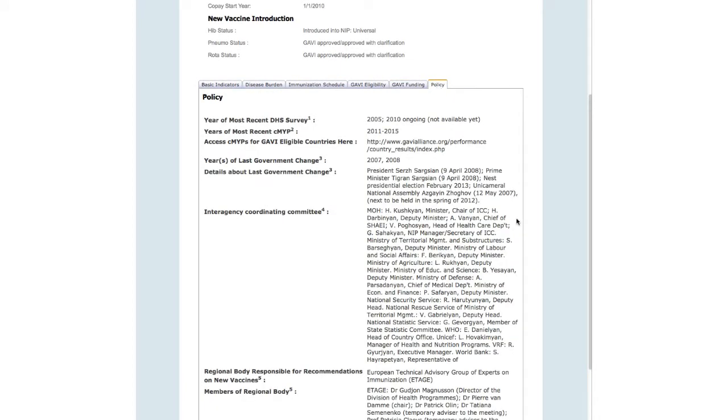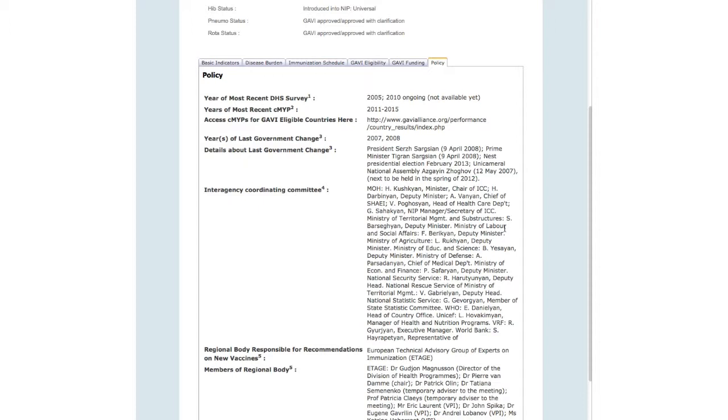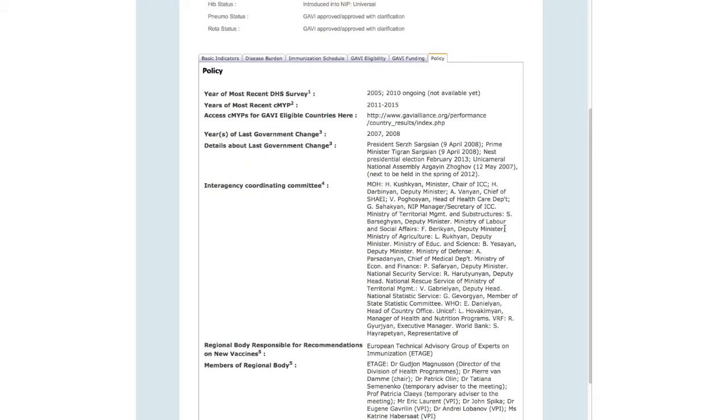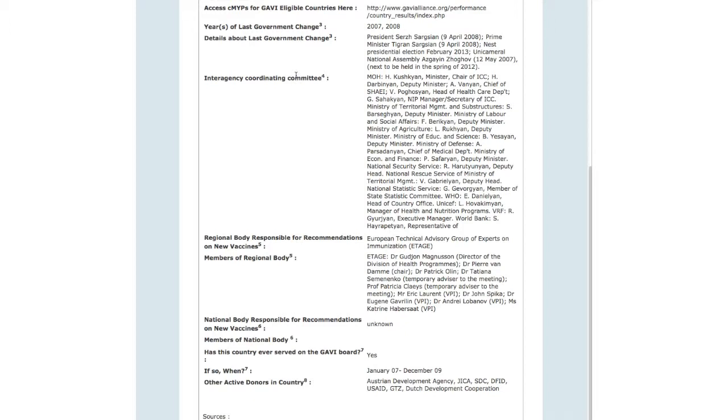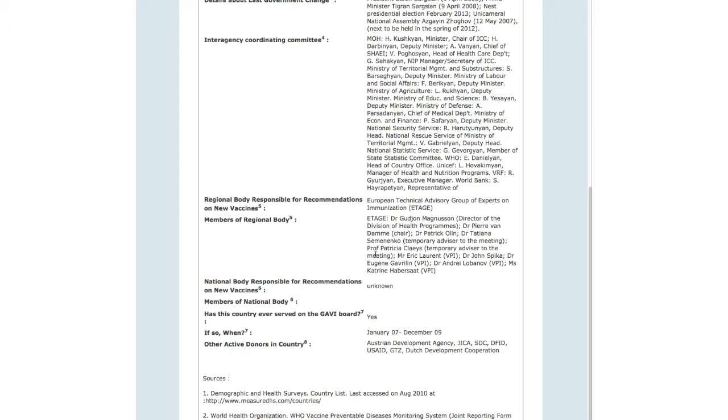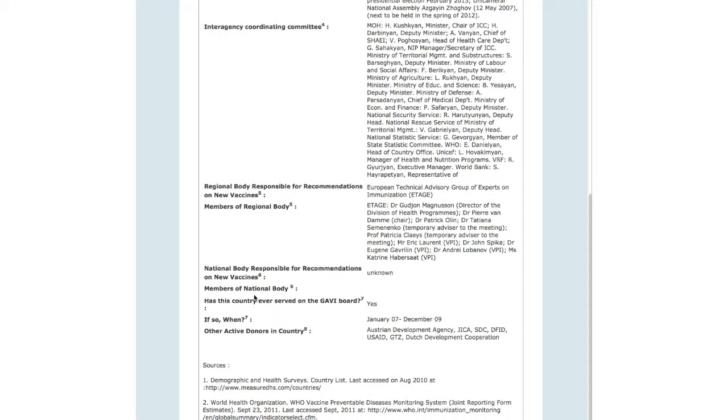In the policy tab, you get information about the country's governing bodies, as well as surveys and comprehensive multi-year plans that are available. It provides information for some countries on the interagency coordinating committee members, as well as any regional body responsible for recommendations, potential members of that body, and if a country is known to have a national body responsible for recommendations on new vaccines, that information is listed as well.